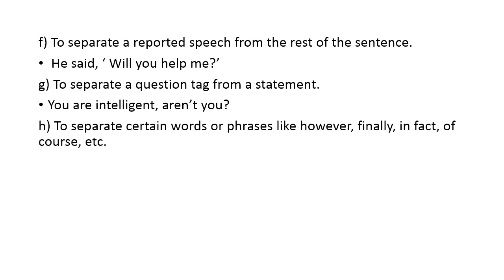And after etc., we put a full stop. Clear? Let's read an example for this. My father, however, comma, was reluctant to go. So my father, comma, however, comma, was reluctant to go. So we are going to put a comma after however. So there are certain words or phrases like however, finally, in fact.